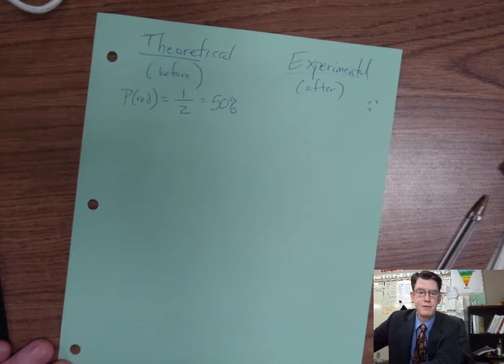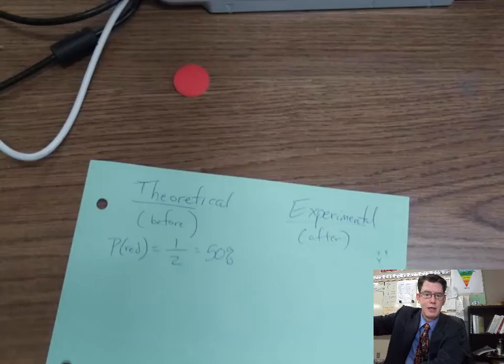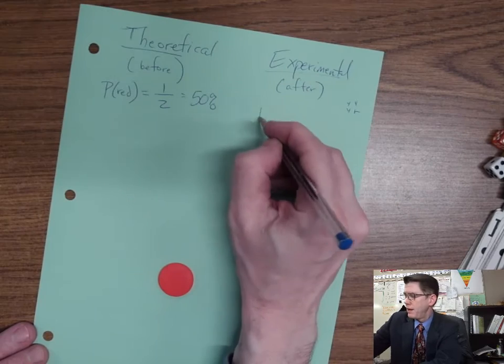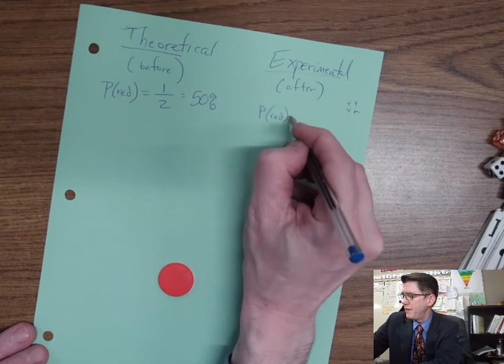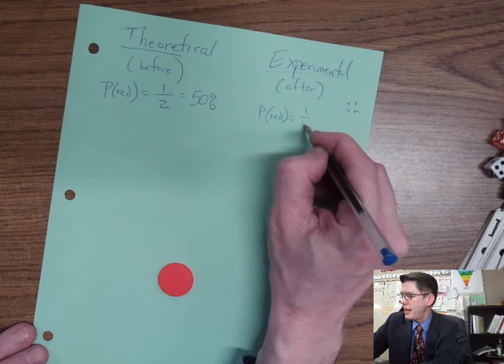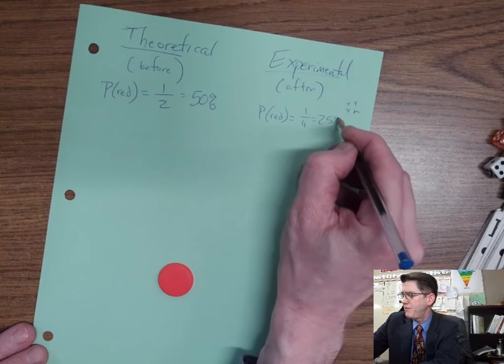Whoops, I don't know if it's yellow. It is, I'll just show you. It's red. Just so you know, I did get one red. So when I did the experimental, I got 1 red out of 4, which is 25%.